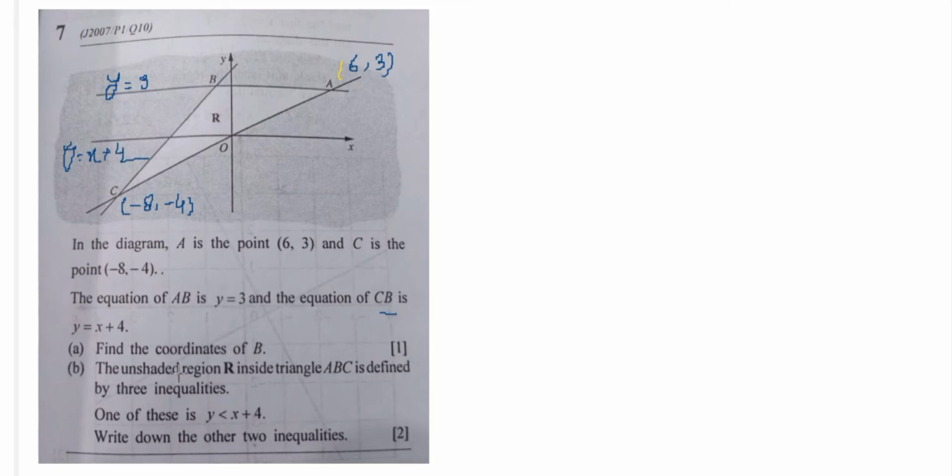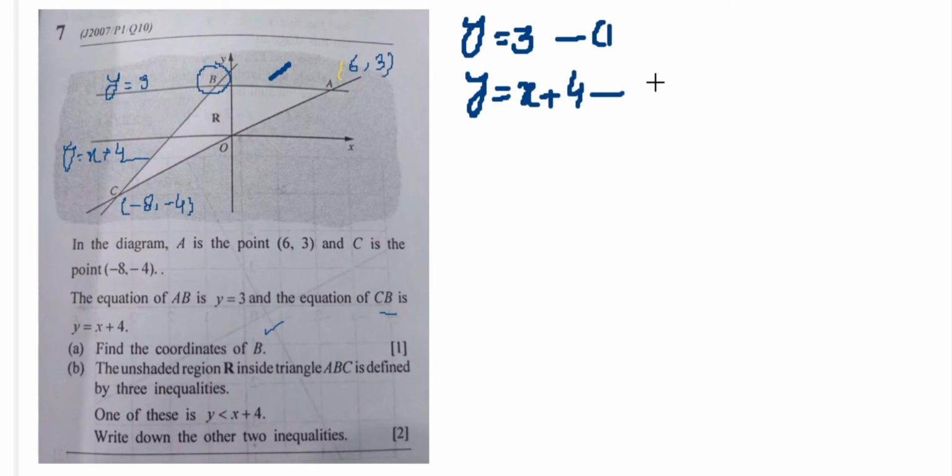The first part: find the coordinates of B. As you see, B is at the intersection of two lines. One is y is equal to 3, that is actually the line AB. And the second one is line BC, whose equation is, say this is equation number 1, and the second equation is y is equal to x plus 4. Say this is equation 2, the equation of the line CB.